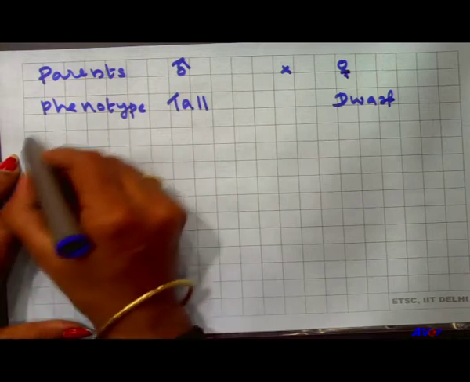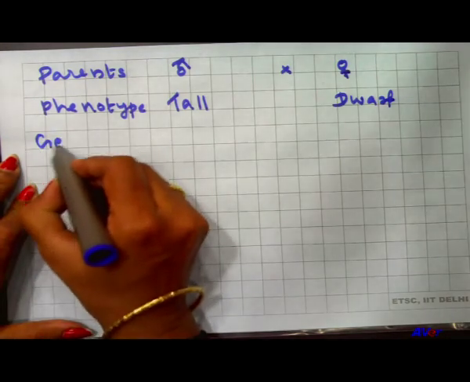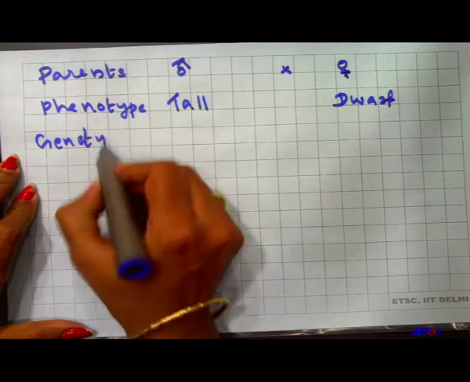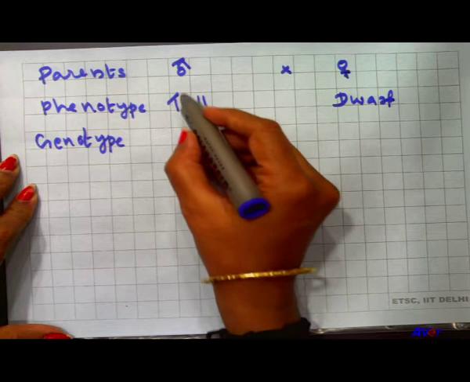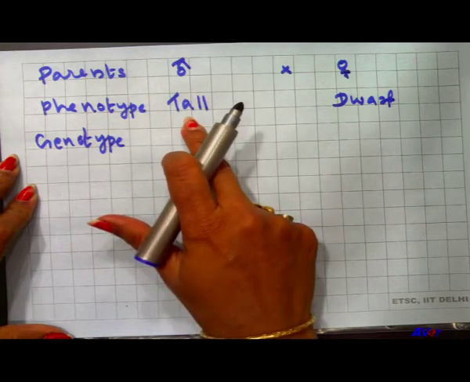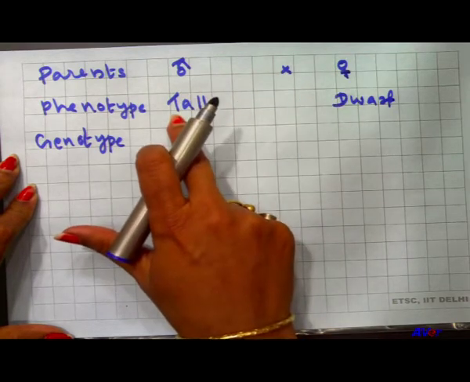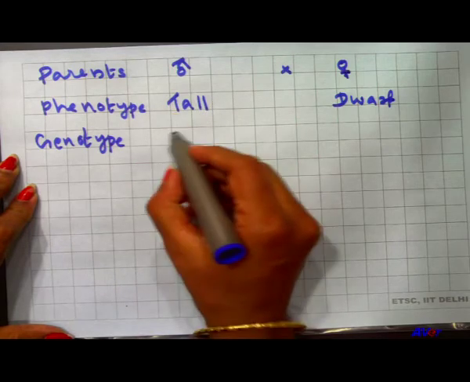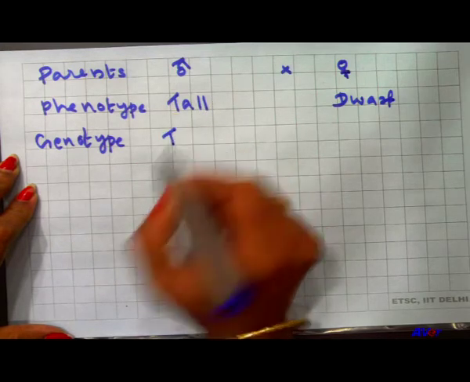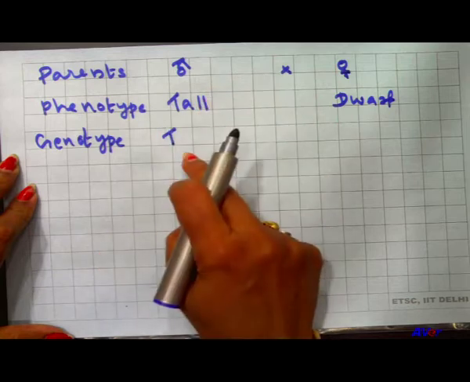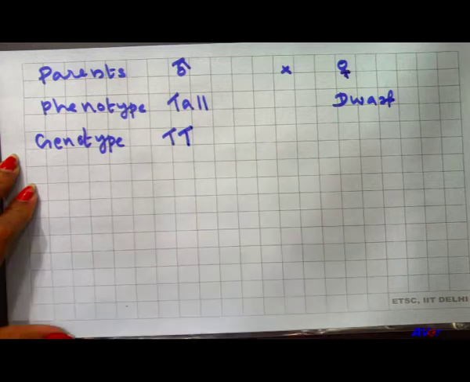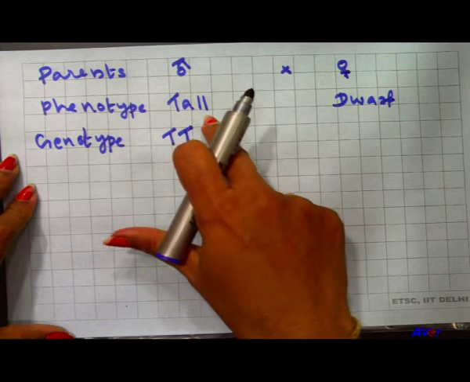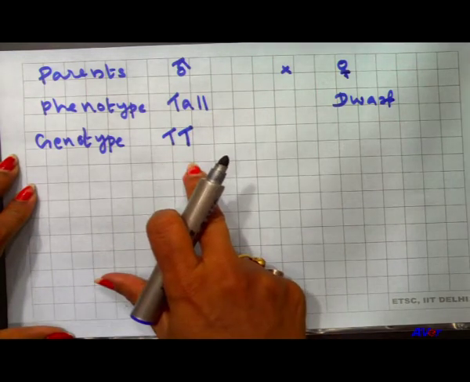Now, coming to the genotype, as I have already told you, the dominant character here is tall. Tall begins with the first letter T. So, we will write it as capital T for dominant character, and we will write 2 capital T's because a character is controlled by a pair of genes.